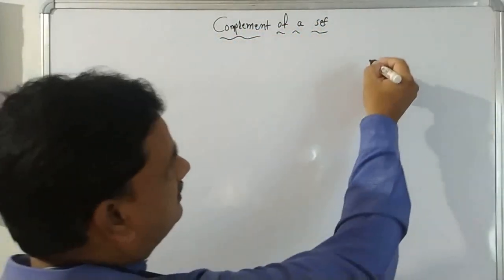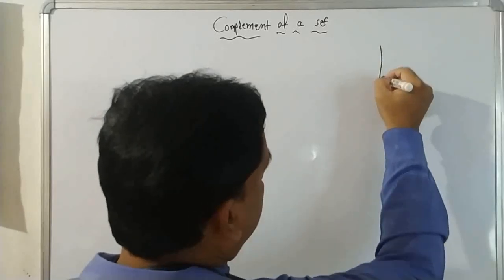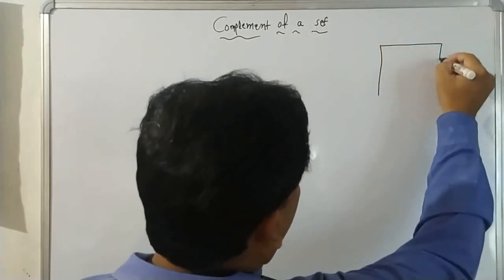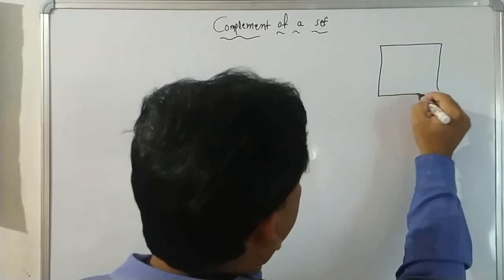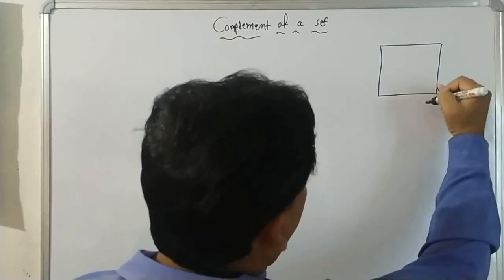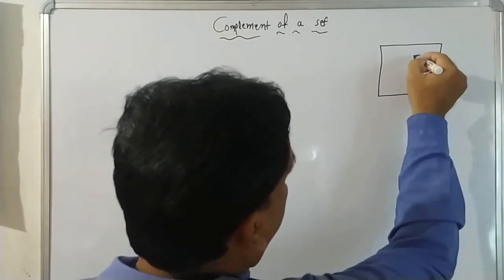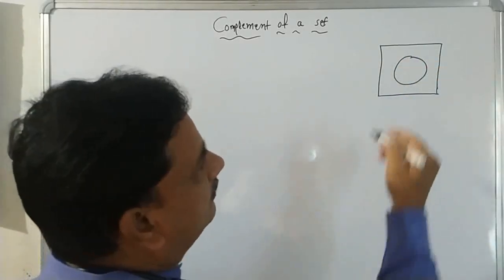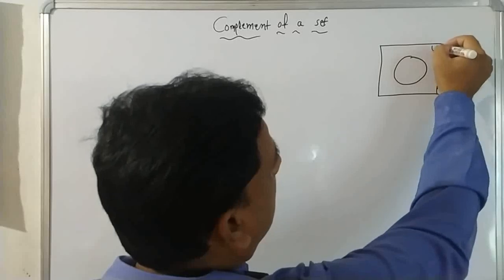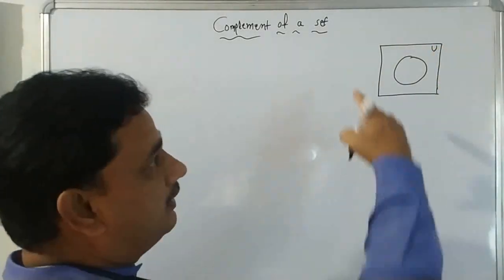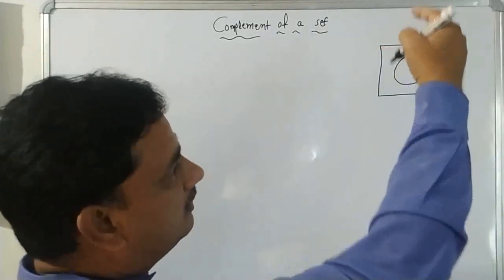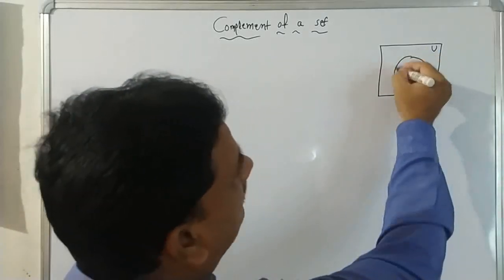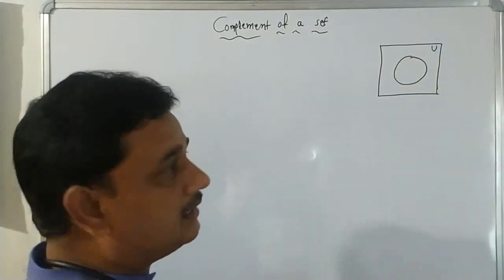Just to think about this, diagrammatically you can understand easily and quickly. Okay, so this is the universal set U. Universal set is represented by a rectangle, and this represents a set.